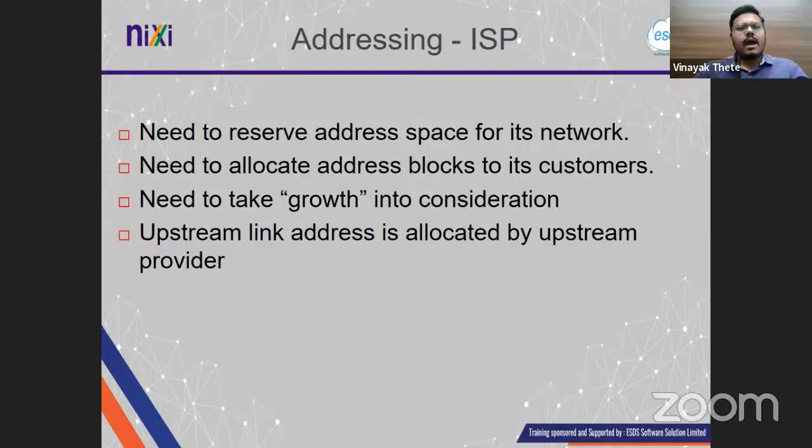First, the ISP needs to reserve the address space for its network. It also has to allocate network blocks or address blocks to its customer for point-to-point connectivity, for establishing BGP neighborship.